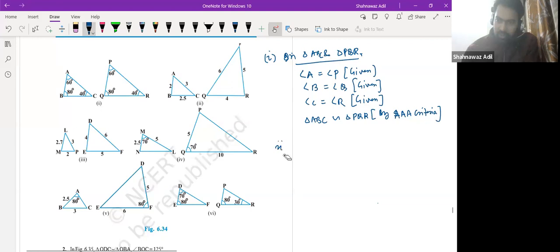Then the second question. What is the second question? In the internet, it is showing that there are 6.5 exercises. Yes, this is like the last exercise, right? 6.3.